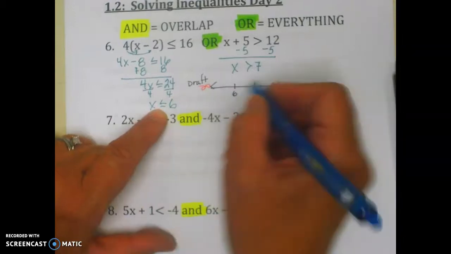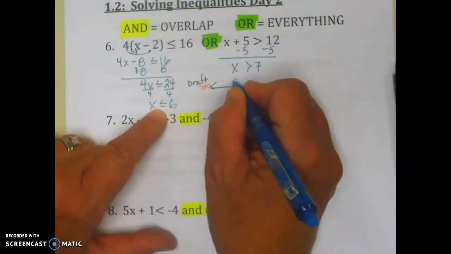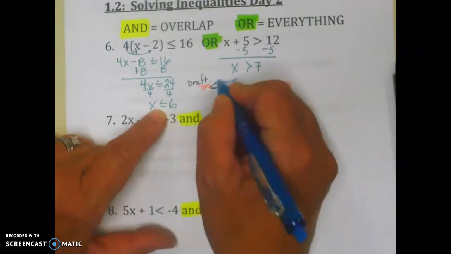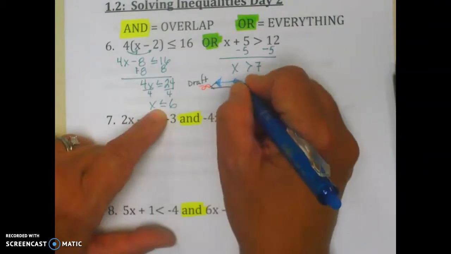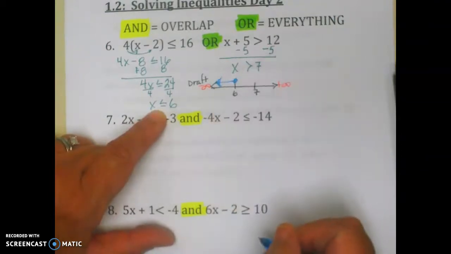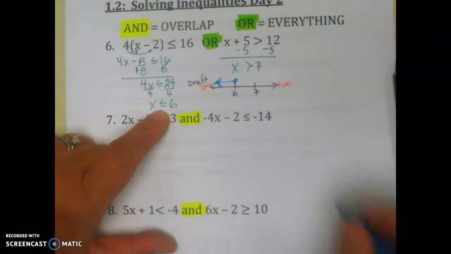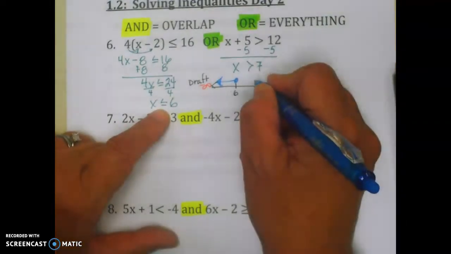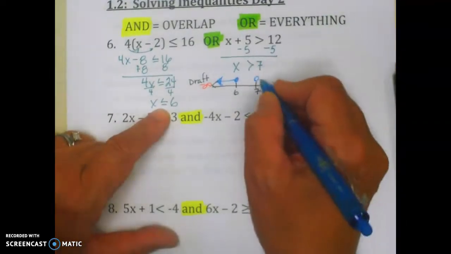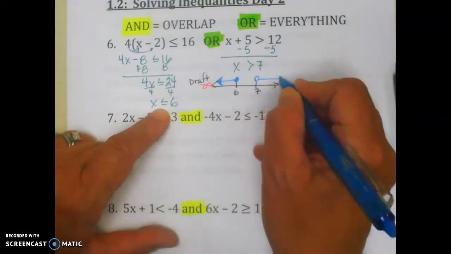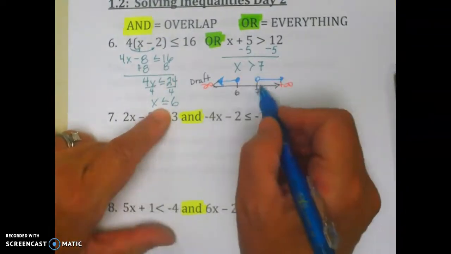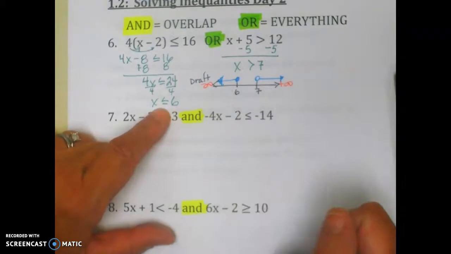So that means it's pointing to the left of 6, all the way to infinity because there's nothing else there, and it's a closed circle because of the equal sign. On the 7, we know it's greater than, so it's pointing to the right, but it's going to remain an open circle because there's no line underneath the 7.